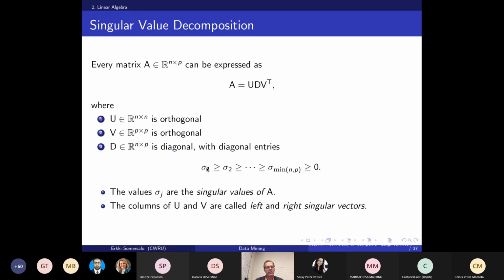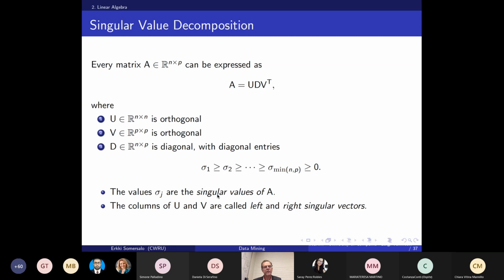And they can be, of course, arranged into a decreasing order. And so sigma 1 is the largest so-called singular value. The second largest is the second singular value, etc. And this is the smallest singular value, the last one here.